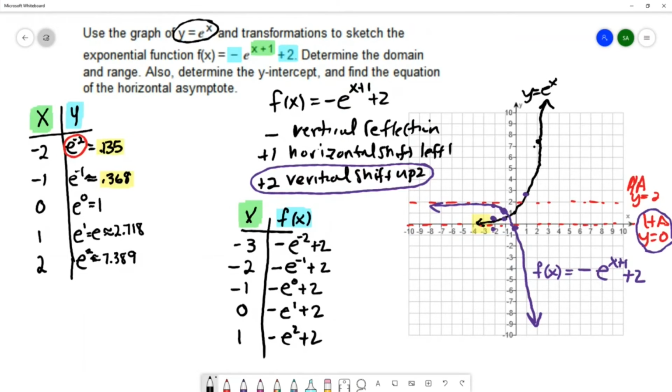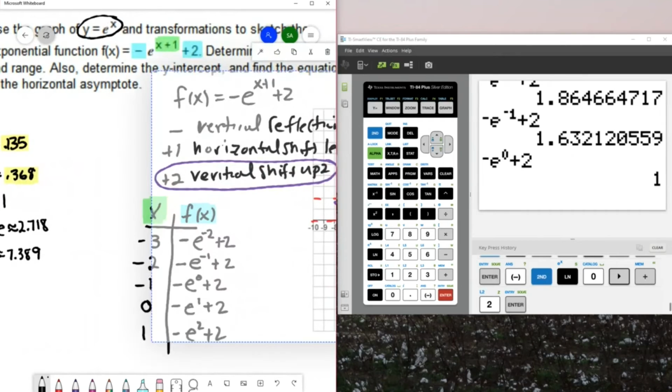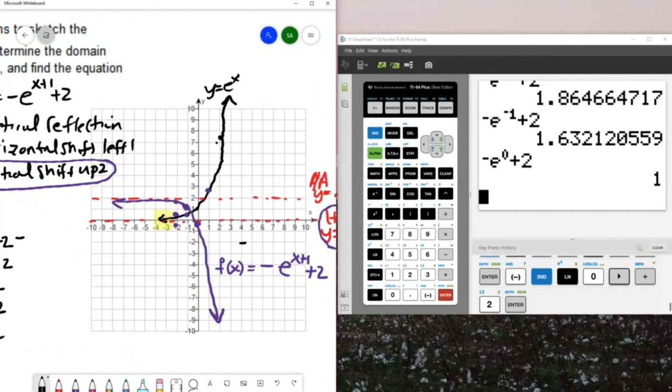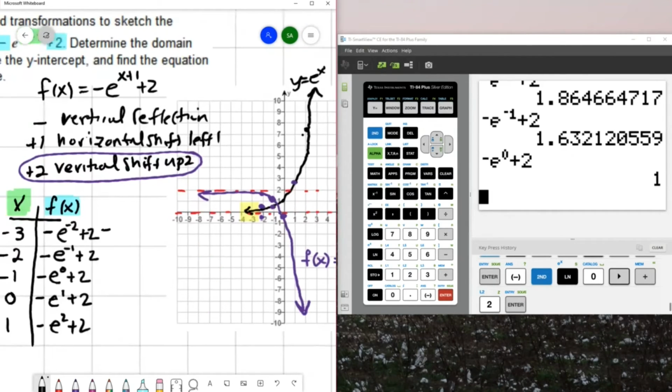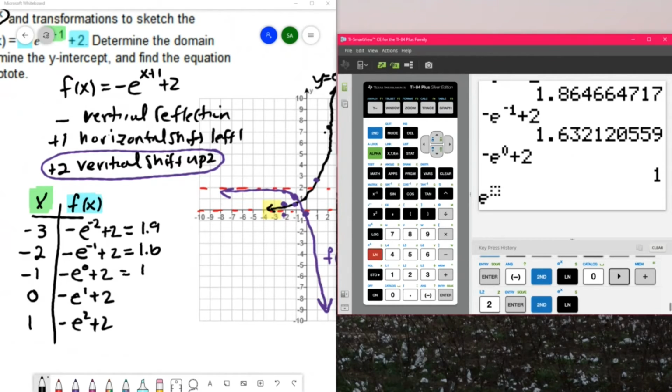Sorry, I meant to write those down before I did that. So we have about 1.9, 1.6, and 1. And let's do the others. That should be negative e to the 1 plus 2.